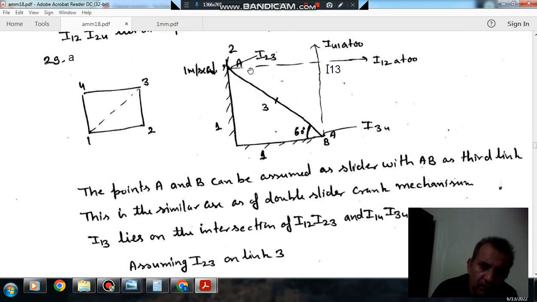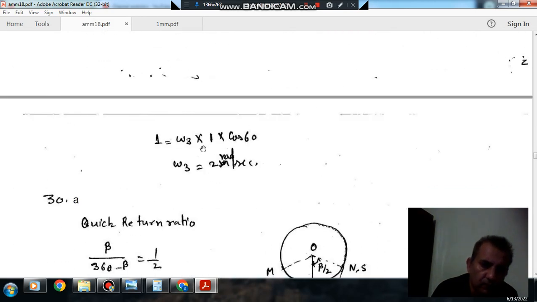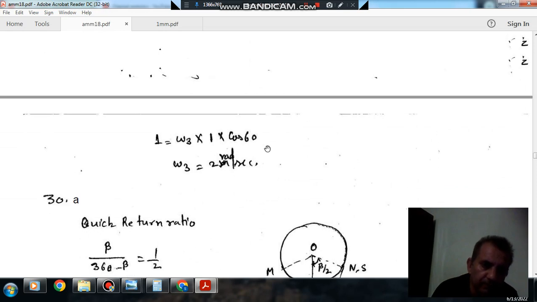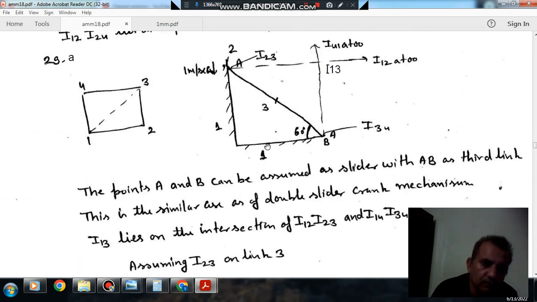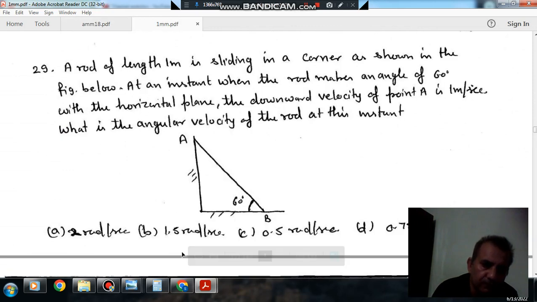So this distance will be 1 cos 60. Okay. So omega 3 into 1 cos 60 is equal to 1. So omega 3 is your 2 radian per second. So answer is option A. So answer to question number 29 is A.